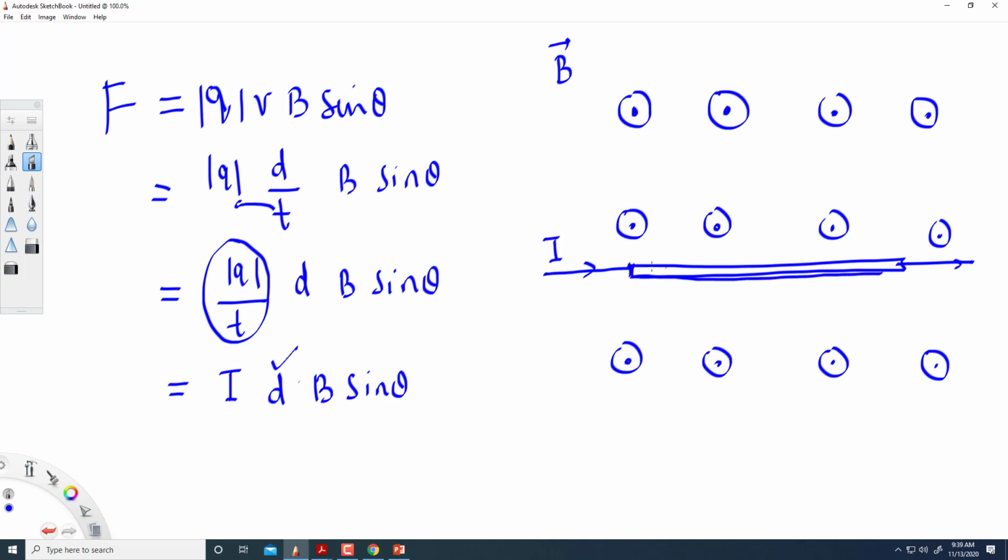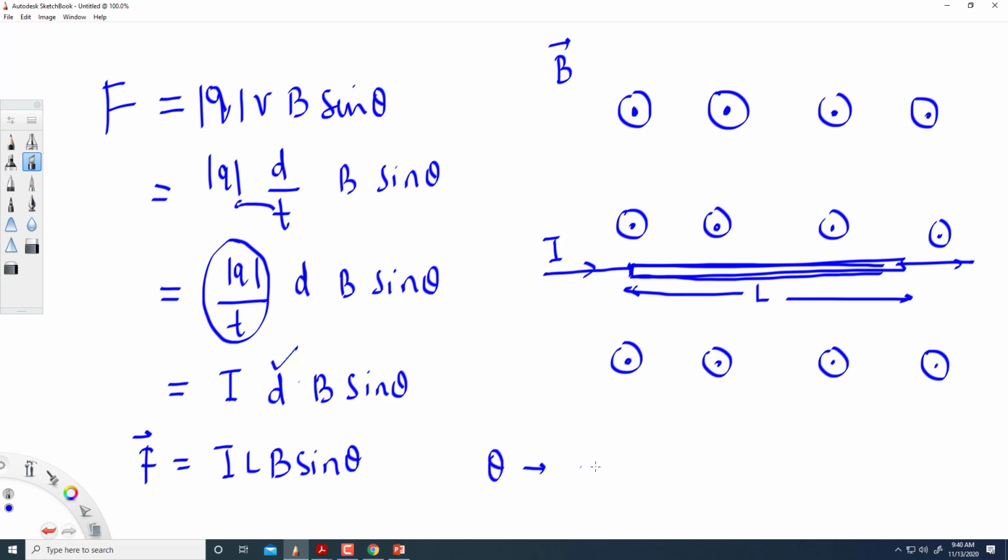And this d is this distance; the charge moves along this distance. That means it's the length of this wire. So the force on this current carrying wire in the magnetic field is given by F = I L B sin theta.